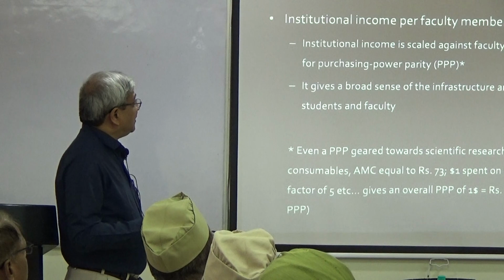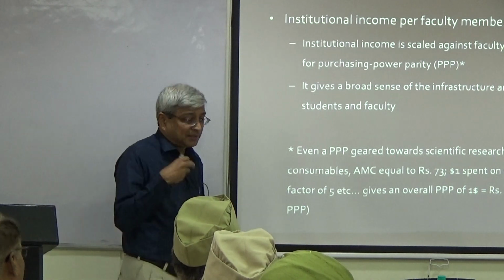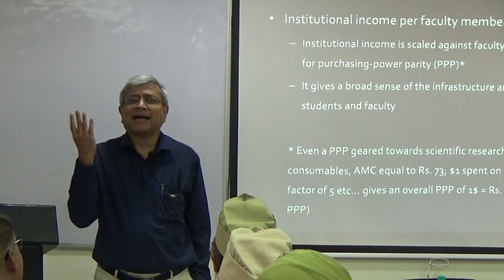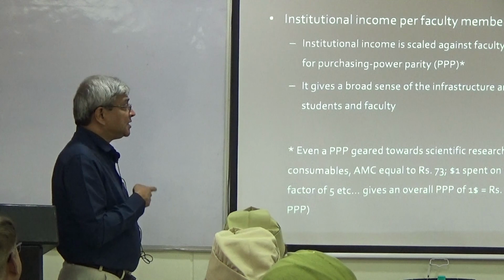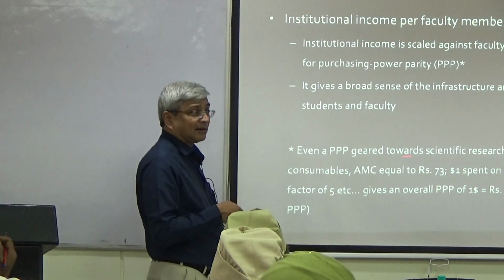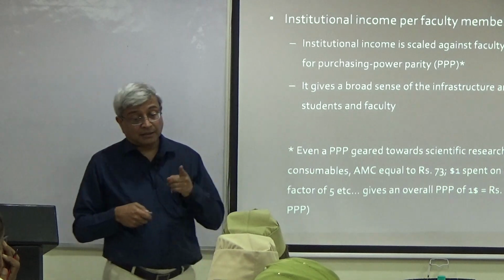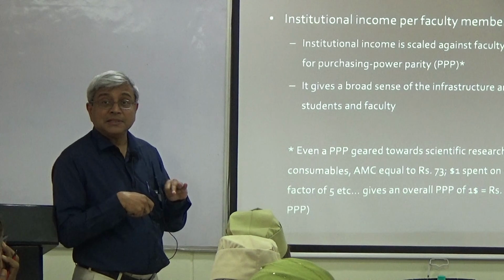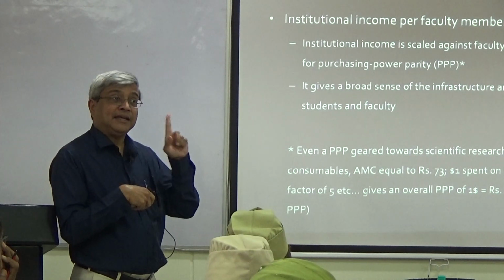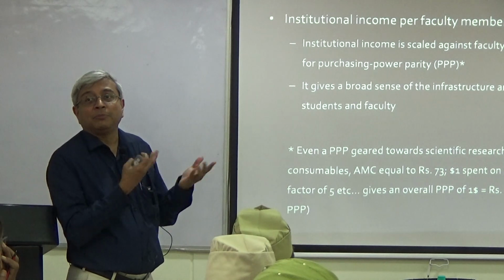And in IIC we did an exercise, because PPP measures everything, how much it costs to take a haircut, how much to buy some food, and so on. So for a research university, we thought let's do a better calculation for PPP. What we did is we calculated all money spent on equipment, consumables, etc. using 70 rupees to a dollar, because you are paying in dollars, you are importing all the things.